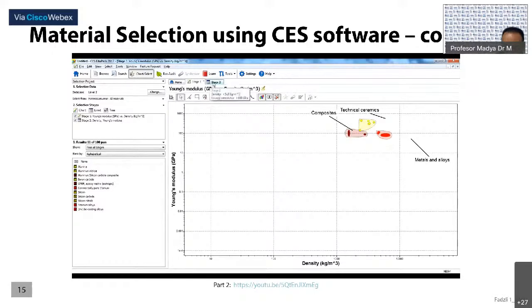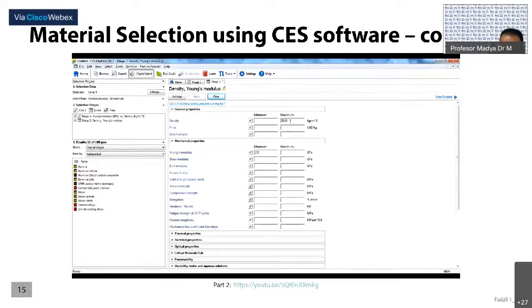This is the exact, and I think more precise and easier way to add the limits. So the limits that I have, one of them is maximum density of 5,000 kilogram per meter cube, and Young's modulus of 100 gigapascal.